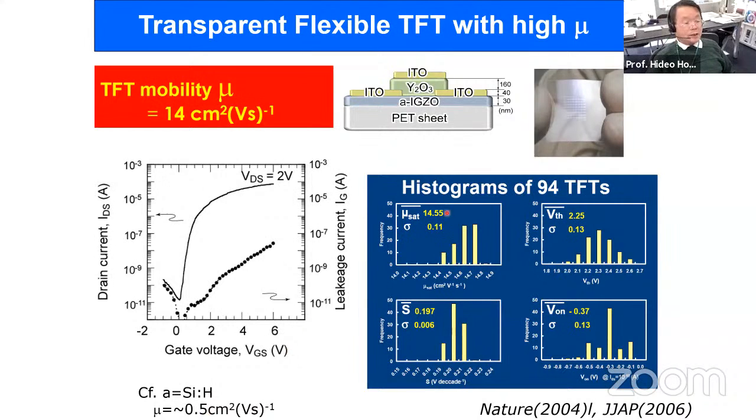And this is a histogram of the TFTs, almost 100 TFTs fabricated in 1 square centimeter of the sample. The distribution is very sharp. This is the S value. This is the threshold. This is the turn-on voltage. Such high homogeneity comes from the amorphous nature of the TFT.